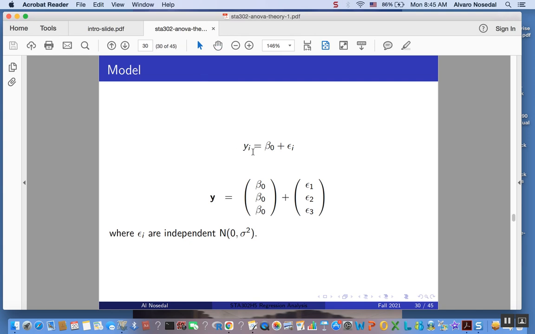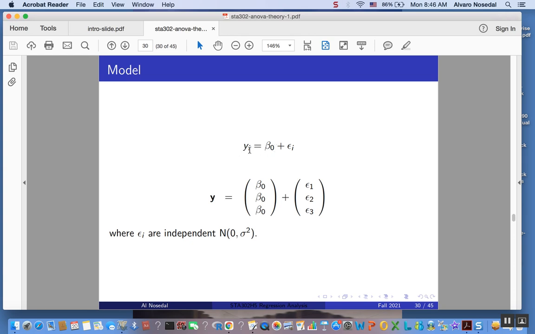If yi equals beta 0 plus epsilon, and we assume that epsilon, the random fluctuation, has a normal distribution with mean 0, variance sigma square, then the expected value of yi is just beta 0, right?